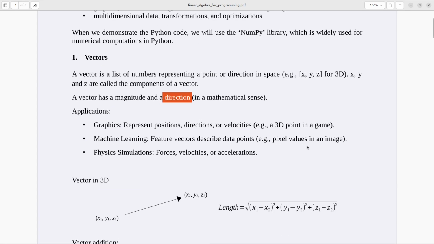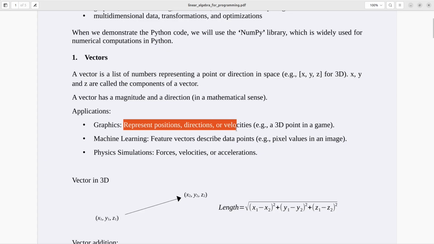And how can we apply the use of vectors? We can use them in graphics. So for example, if we want to represent the positions and the direction or the velocity of some 3D object in a 3D space, we can use vectors to represent all these quantities. And in machine learning, we can create our feature vectors to describe the data points.